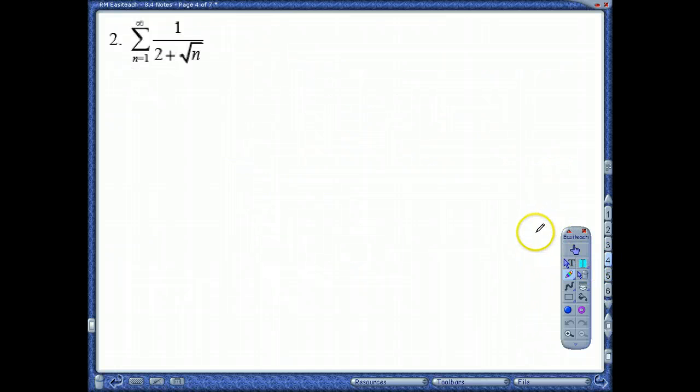Now this can be a little tricky, because for instance, in this example, if I do the same thing I did in example 1, and I just look at this guy right here, 1 over n to the 1/2 power, I'm pulling that same trick I did in example 1. Now I know that this is a P series, and the P is less than 1, so that means this guy diverges.